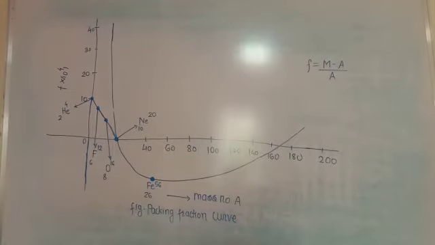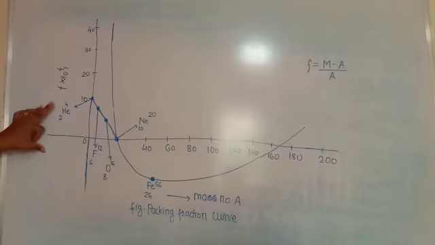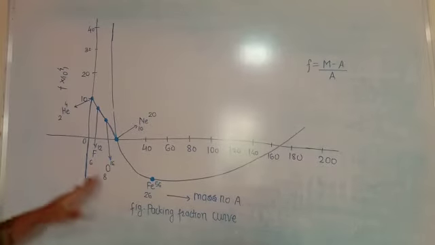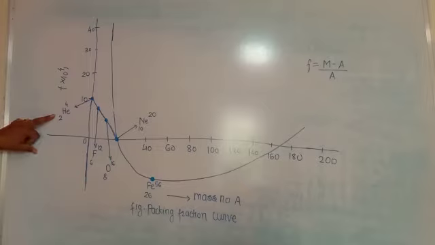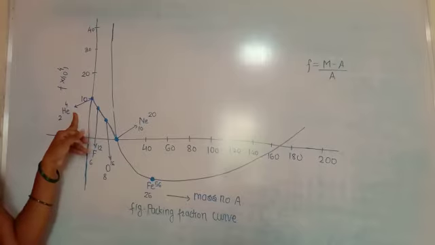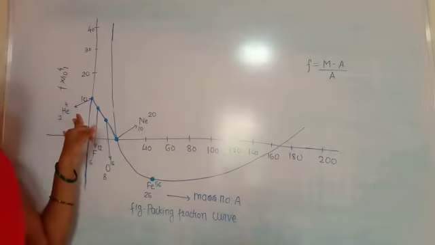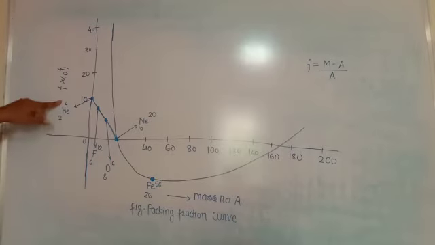Observe this graph. From the graph we find that for the very light nuclei, first of all helium, the packing fraction F is maximum, indicating that these nuclei are unstable, starting here. Helium is an inert gas element with atomic number 2 and atomic mass 4.